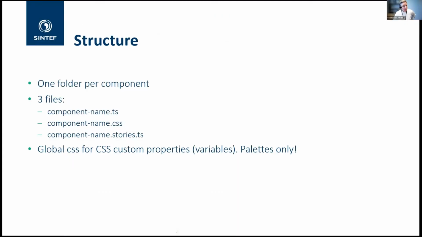So all of these components are implemented with the same structure. You have one folder per component. There are 3 files following this naming convention: a TypeScript file with the Lit implementation, you have the CSS, and then you have the storybook.